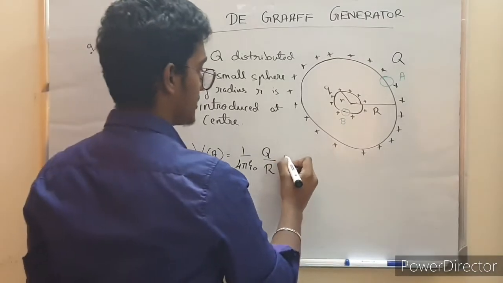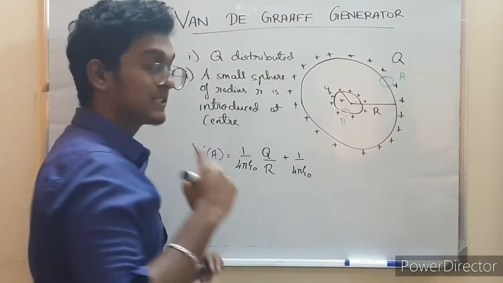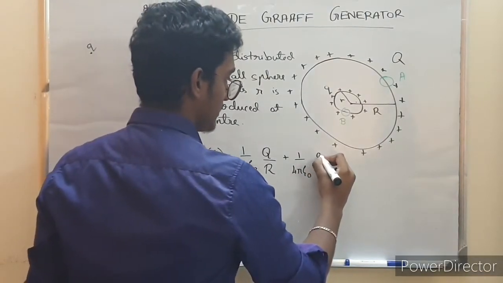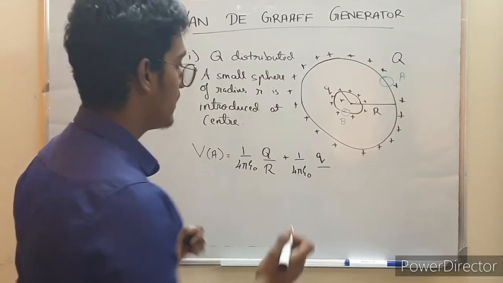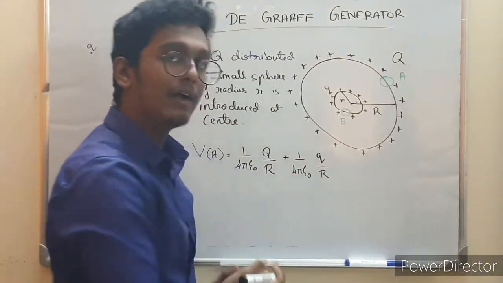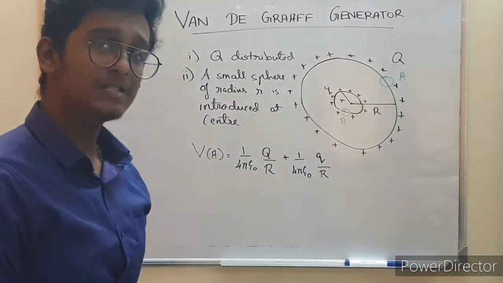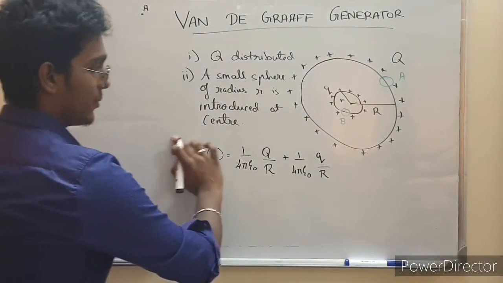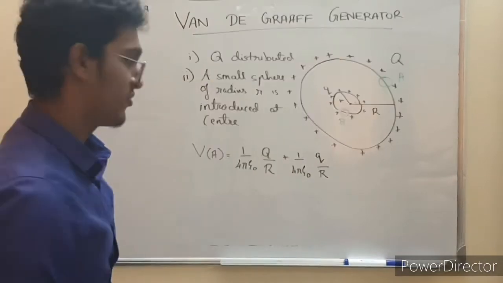So the potential due to the smaller one is 1 by 4 pi epsilon naught, small q divided by capital R, not small r, because the distance of the point from the center is capital R. So this is the potential at any point A on the outer sphere.